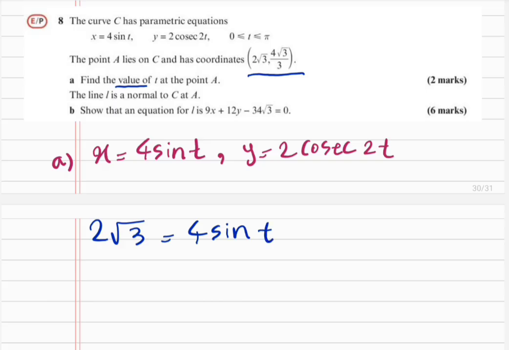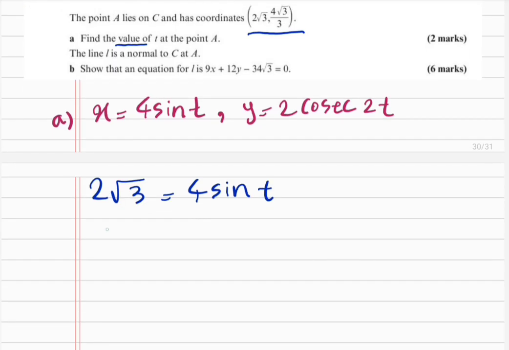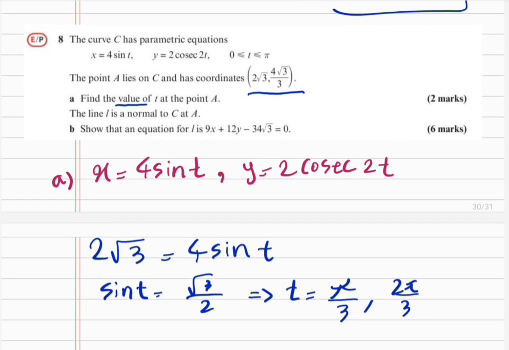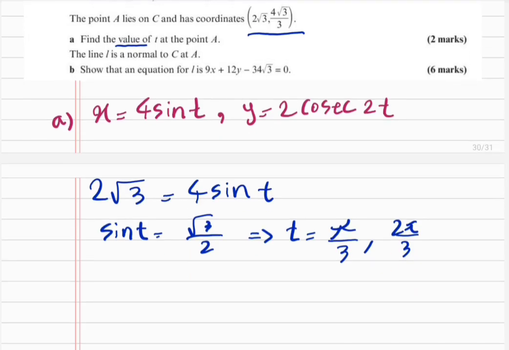So it's a trigonometric equation, and so let's rearrange that and divide both sides by 4. So we get root 3 over 2. And then if you find the sine inverse of root 3 over 2, its value is going to be pi over 3. But we also have another value, which is 2 pi over 3, because remember that the value of t is between 0 and pi.